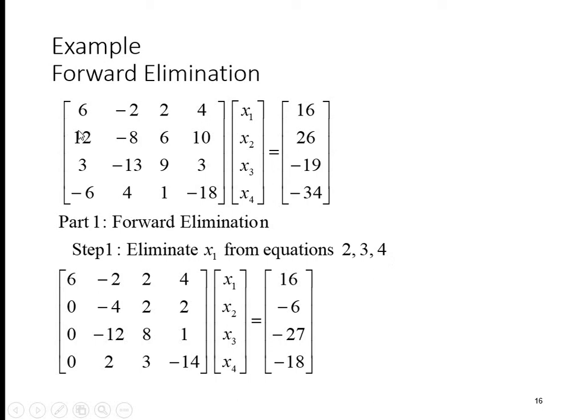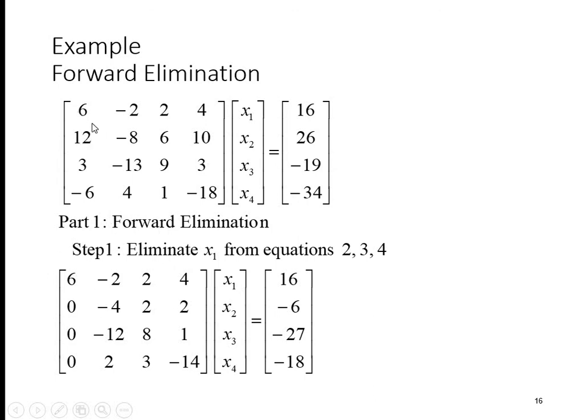For us to eliminate x1 in these equations, we want to make this element 0. All the operations that we're going to perform to get this, we will be using the first row. So we are using the first row to manipulate these other rows.